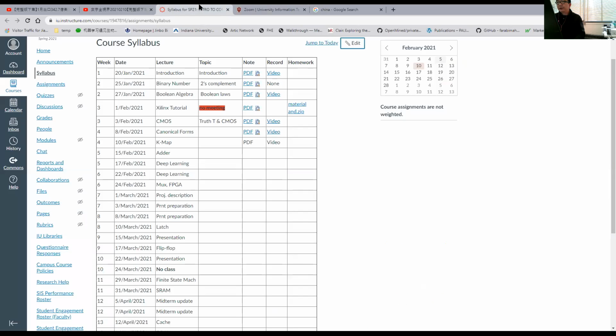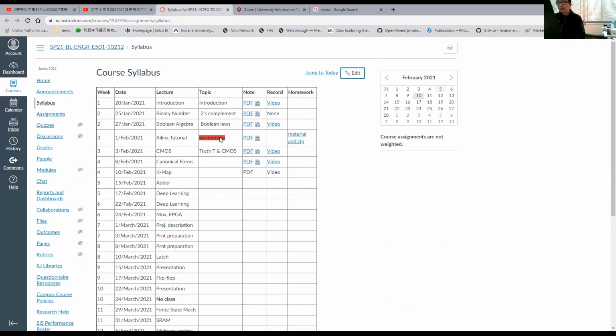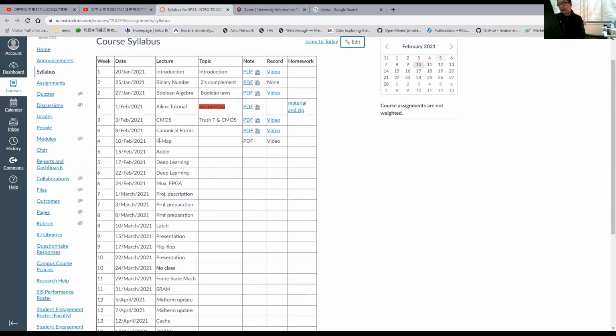So I will briefly introduce the syllabus. In this lecture, we cover the K-map. For next week, I will introduce the adder, which can do subtraction and addition. And then I will introduce deep learning.